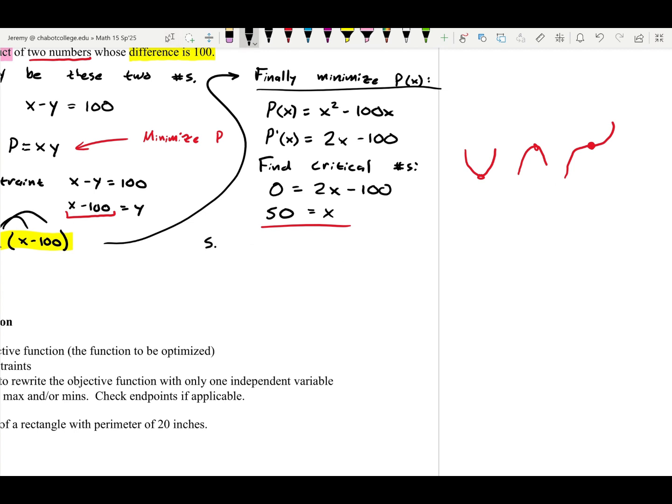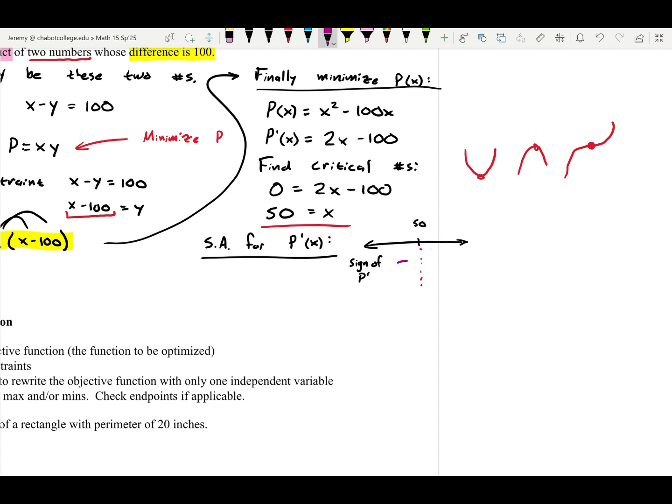Okay, so this is a sign analysis for p prime of x. And I do these quickly because we should be pretty comfortable doing sign analyses at this point. Our critical number is 50, so remember we want to know the sign of p prime, the first derivative. So I could plug in 49 into the derivative and I get a negative number.